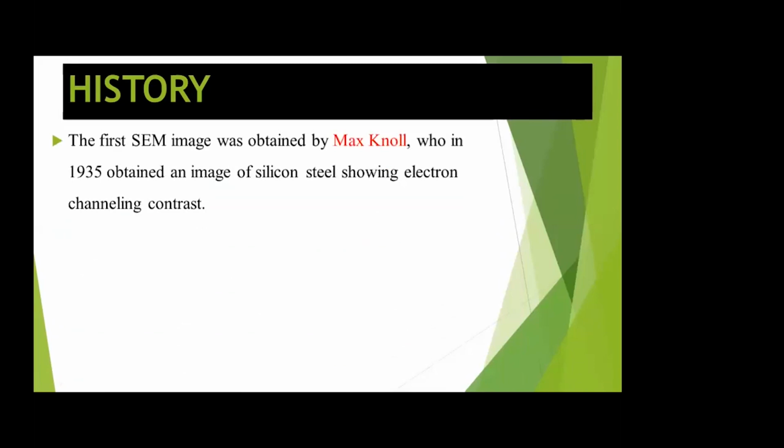Now let us talk about the history of the scanning electron microscope. In short, how SEM was developed. The first scanning electron microscopic image was obtained by a scientist known as Max Knoll. It was in 1935 when he obtained an image of silicon steel showing electron channeling contrast.